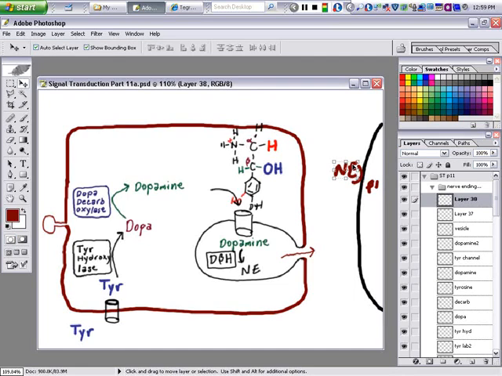So now what's going to happen, this is going to fuse, and then once it releases its norepinephrine, it's going to go back now. Right. And so once that binds, let's see if we can get the three of these again.